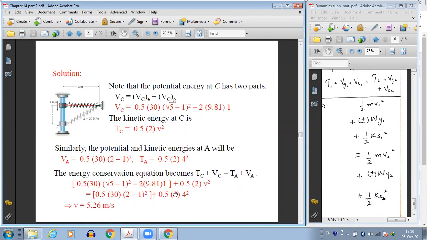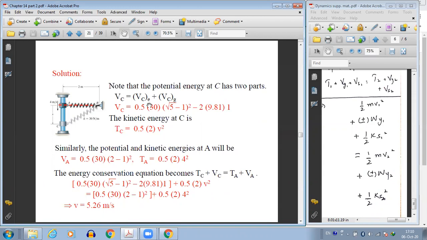When they're taking potential at C, it's a combination of gravity potential and spring potential. Sometimes it's written as E. E means elastic potential. Elastic potential is the same as the spring potential, because we say that the spring is elastic.